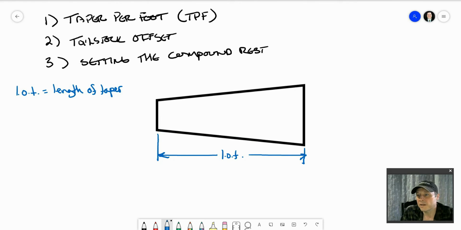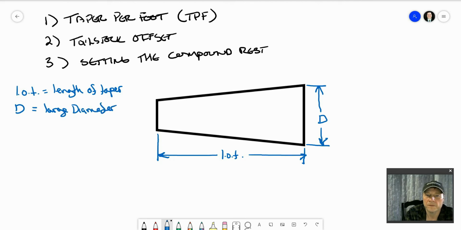The other thing that we need to know or solve, wow, my art skills are amazing today, is this here. Okay, the big D is the large diameter. So we need to know the large diameter, and usually that's going to be your material stock or a diameter that you've previously cut, okay?